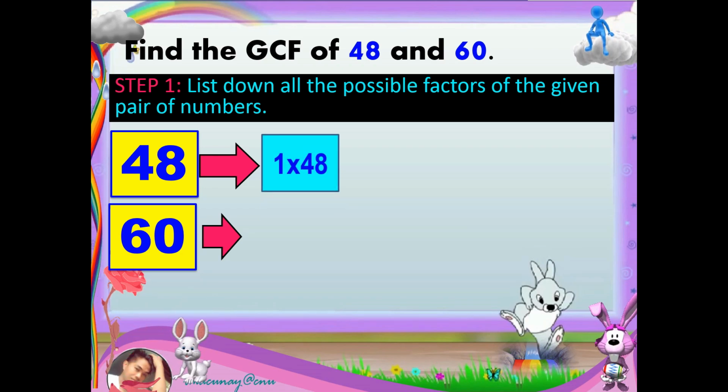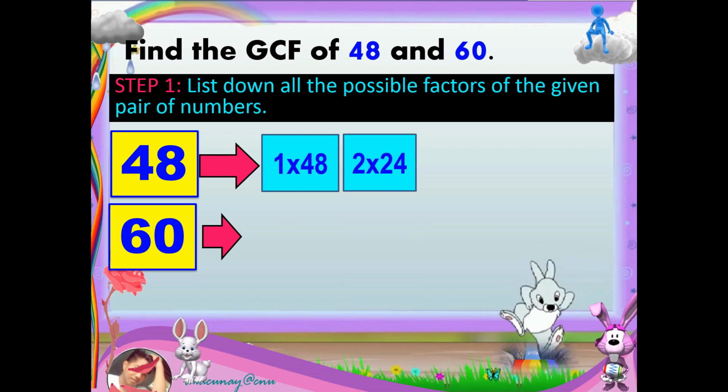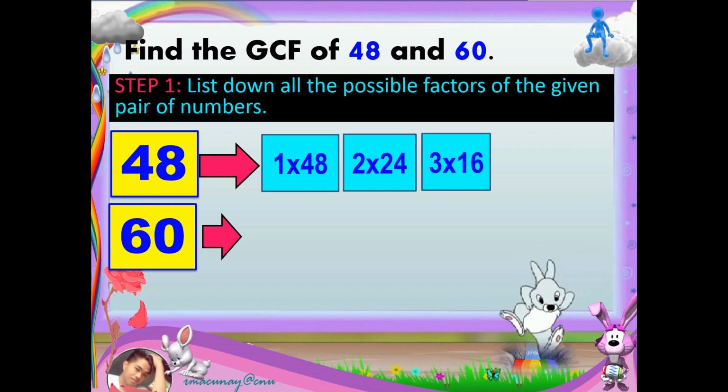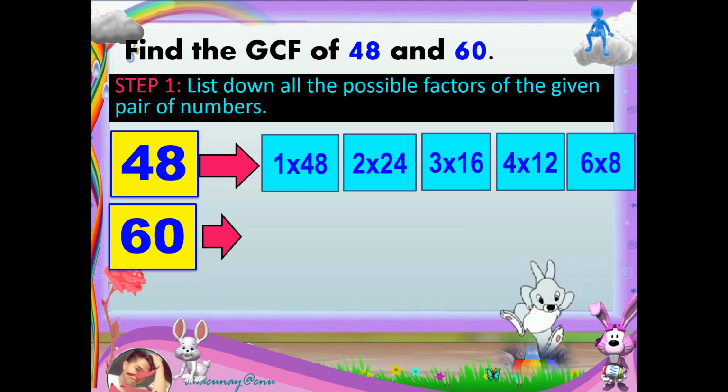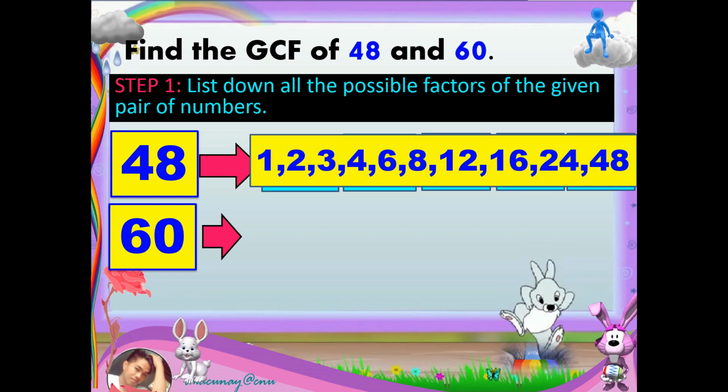So it means 1 and 48 is our first two factors, since 1 times 48 is also equal to 48. Since 48 is divisible by 2, we have 2 times 24. Also, we have 3 times 16, that is also equal to 48. 4 times 12, and 6 times 8. By rearranging them, we have the factors of 48: 1, 2, 3, 4, 6, 8, 12, 16, 24, and 48.